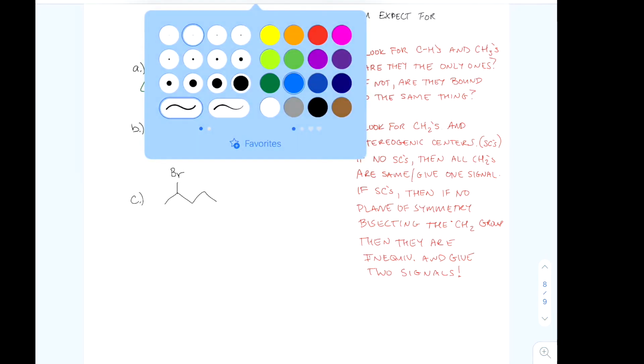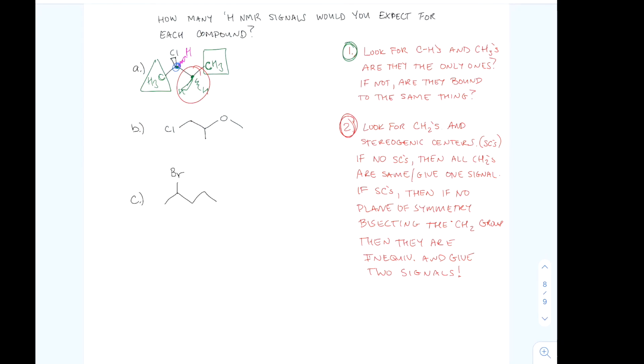Now we have clearly identified this guy as a stereogenic center because it has a chlorine, a hydrogen, as well as a methyl on one side and an ethyl on the other, right? So it's getting a little crazy now. I'm gonna delete some stuff. So now, since we have identified that as a stereogenic center, I'll put a little asterisk there.